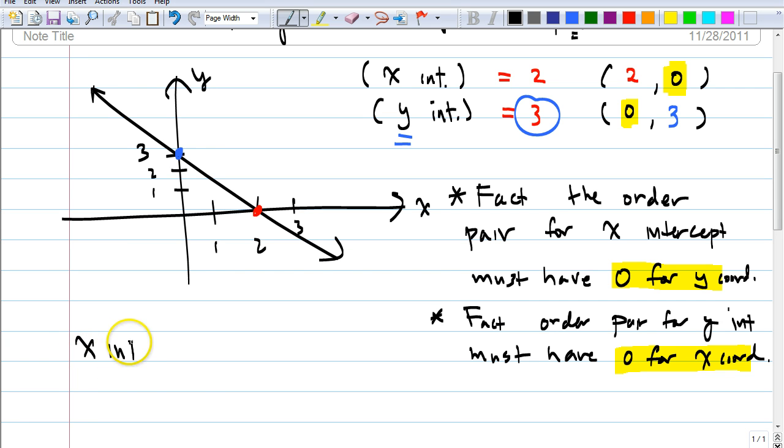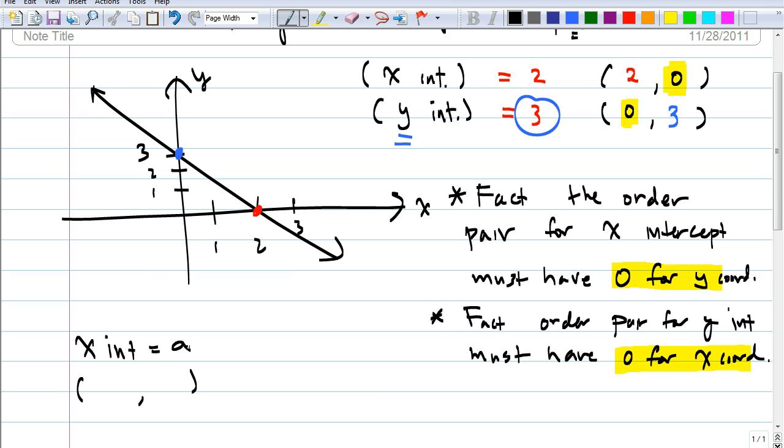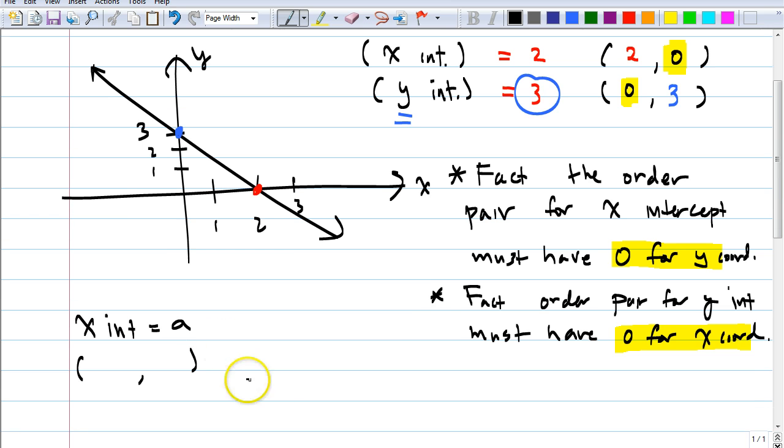For the x-intercept, what does it have to look like? Let me call the x-intercept A. If my x-intercept is A instead of 2, what must it look like? A, comma, 0. Very good. I like this better.